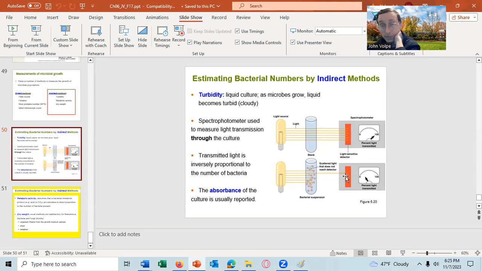It is true you have to take this measurement and look it up in a chart, but once you do, the chart will tell you how many cells are present per milliliter.